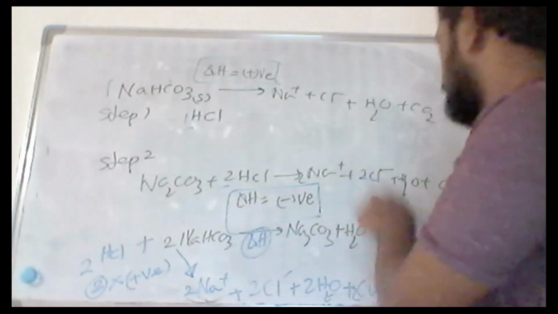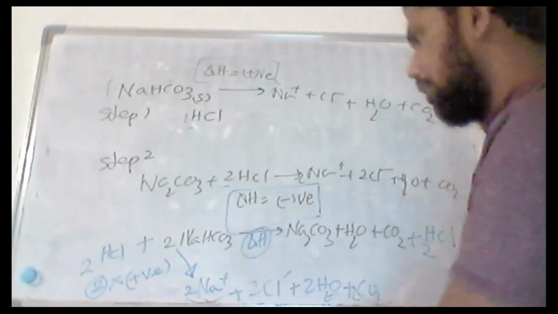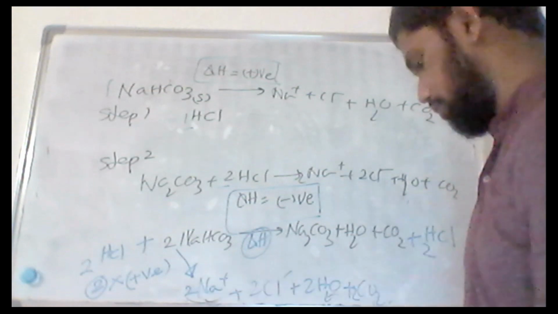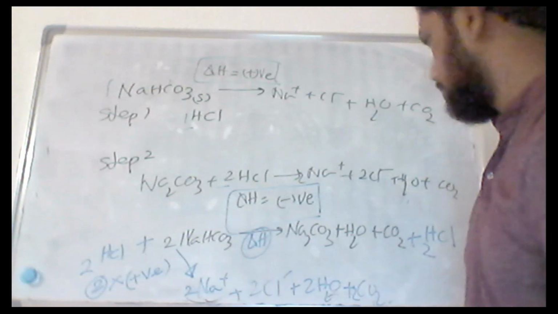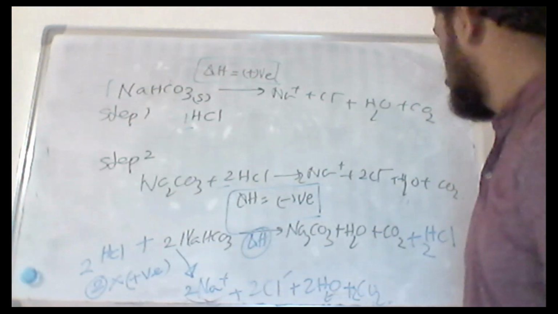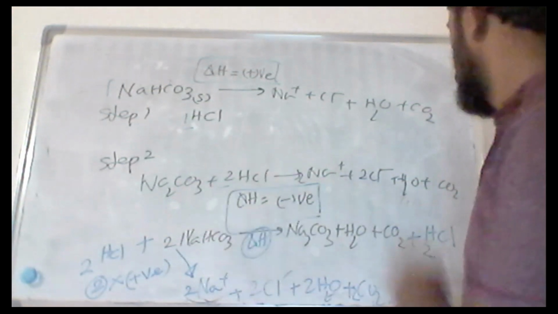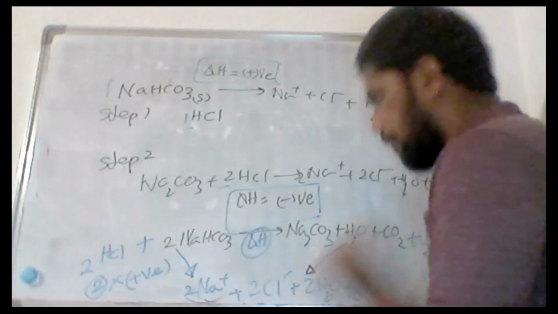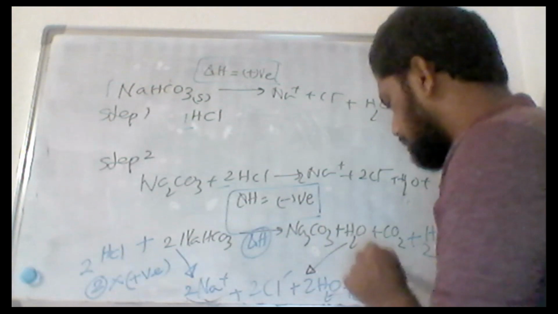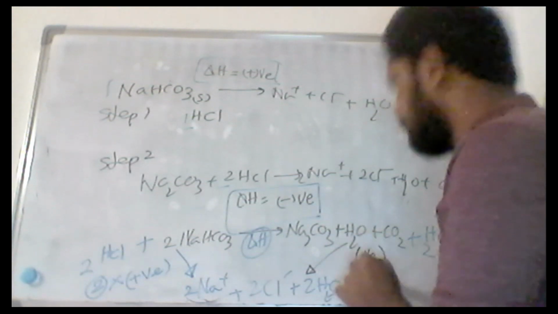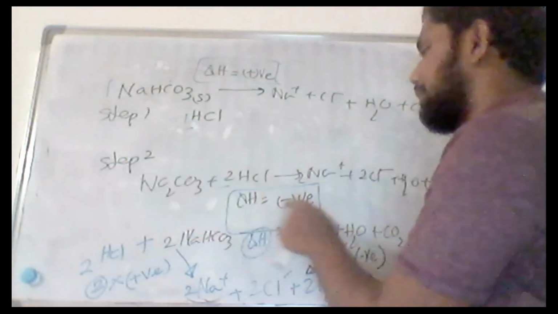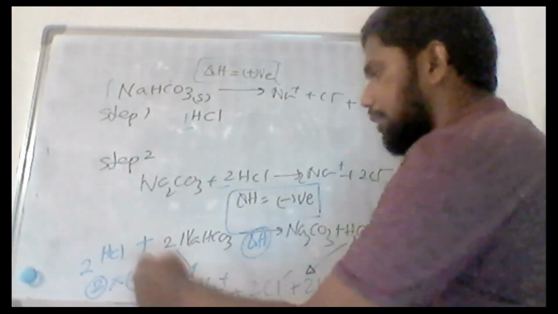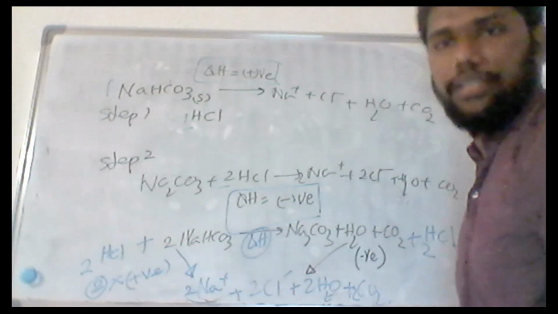It gives 2 Na+, 2 Cl-, water, and this. In fact, we have to find 4 water. Yeah, this is correct. Then here you can put this one as an arrow as well. And this one, we know this is a negative value, because for this particular reaction, it is negative. But don't forget, this negativity and this positivity does not mean the same reaction.